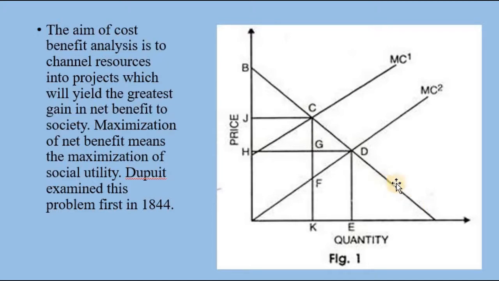At the new price, the consumer is willing to pay OBDE. So this is what the consumer is actually willing to pay for the quantity OQ. The area OBDE has two parts.